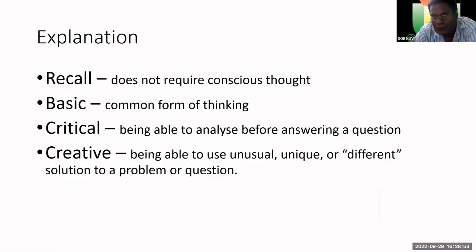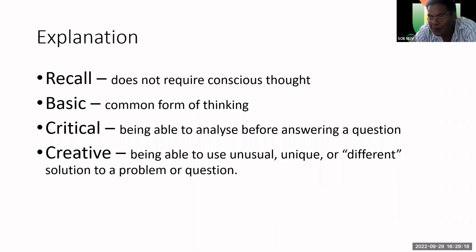Now, the first type of thinking does not require conscious thought. For example, you might draw a square and ask, what is the name of this shape? Then the basic form of thinking, the next level, is to describe the shape.